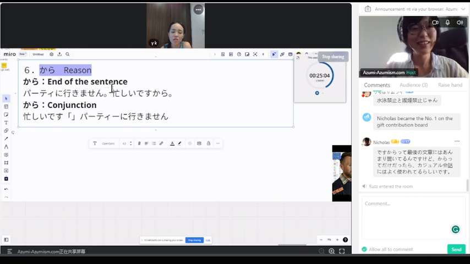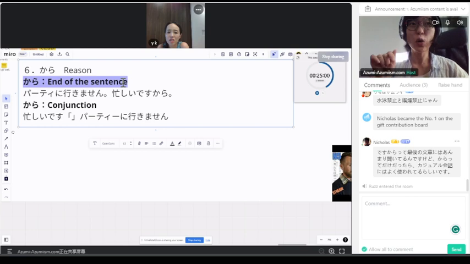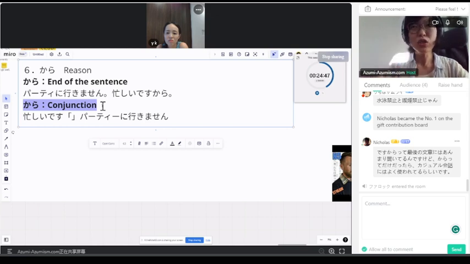Genki only introduced the end-of-the-sentence usage all of a sudden in Lesson 6, and they didn't even mention this usage. But in reality, I see this conjunction usage more. So Genki shouldn't have separated this topic as a different topic. That's his opinion, I guess.